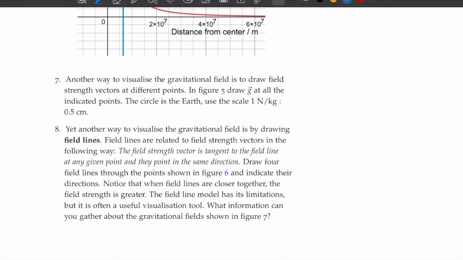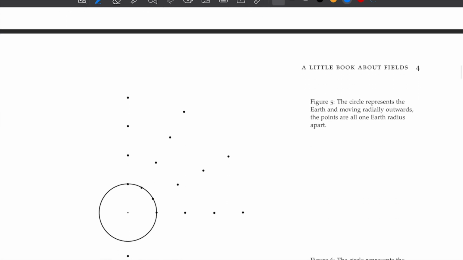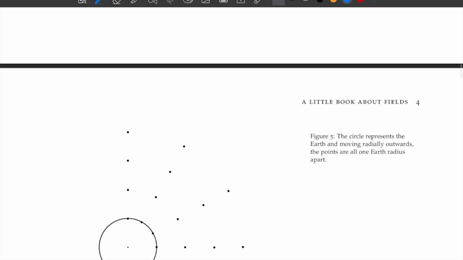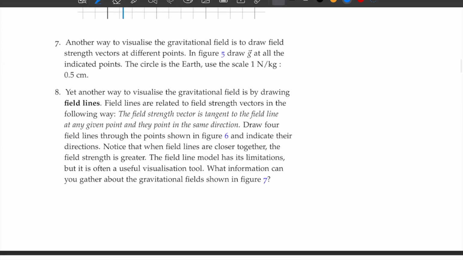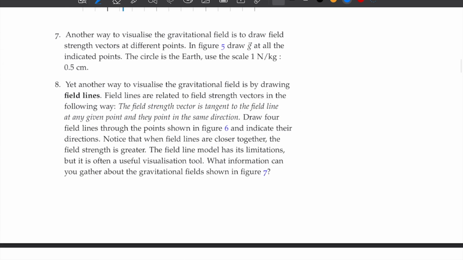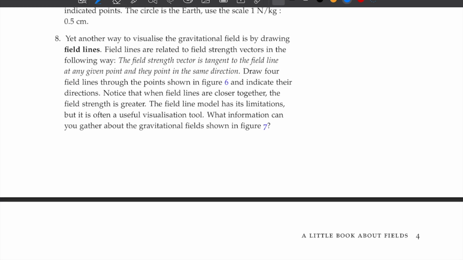Okay, exercise 7 is just drawing field strength vectors at different points. So we're looking at the Earth here, with points that are 1 Earth radius away from each other. And I'm going to use a scale of 1 newton per kilogram equals half a centimeter.